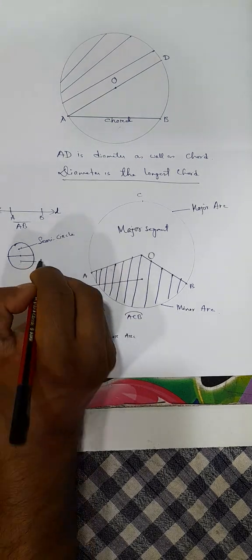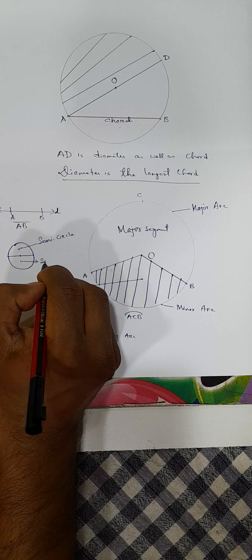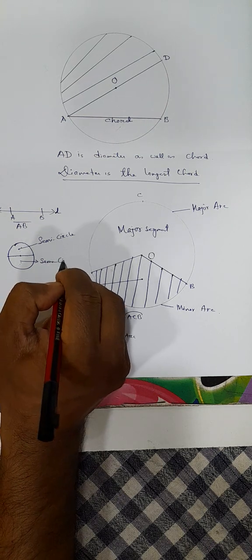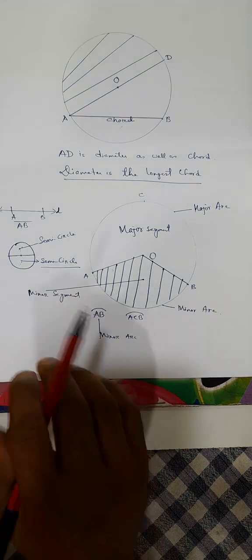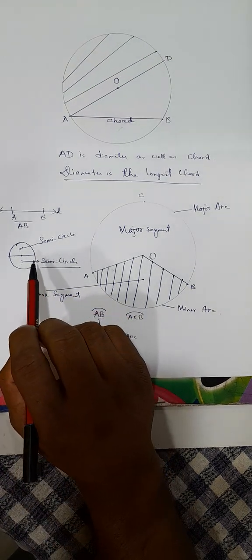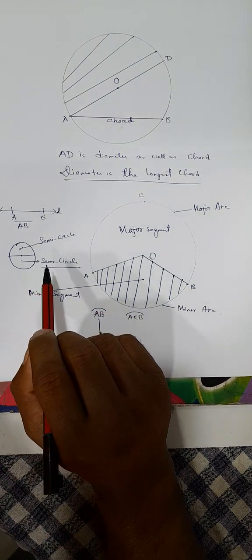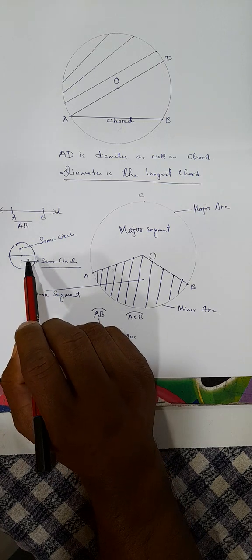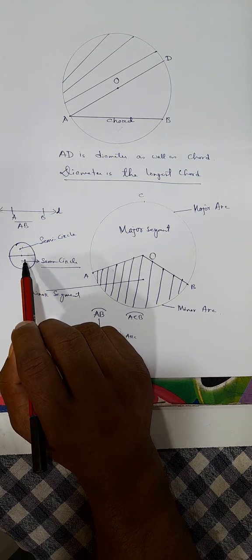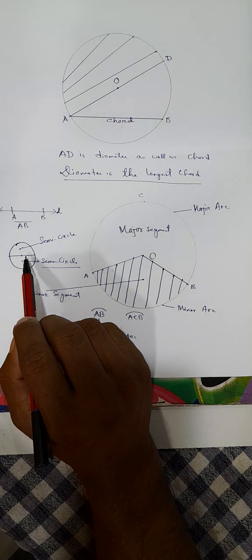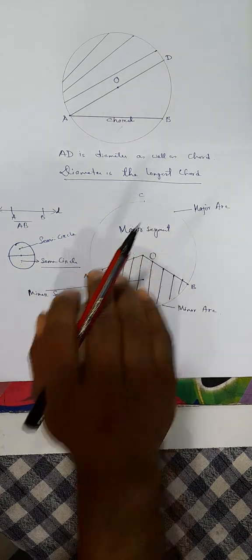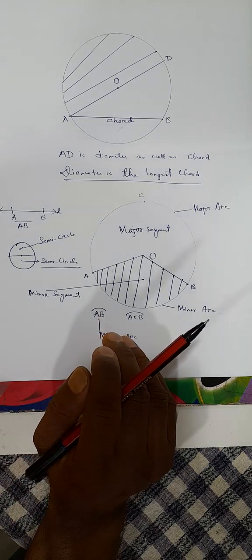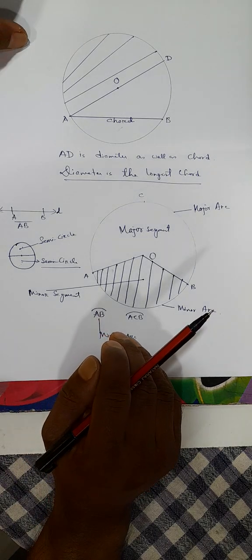This is also a semicircle. Right? So the diameter of the circle divides it into two equal parts. Each half circular region is called a semicircle. Right? Now let us discuss one more concept here.